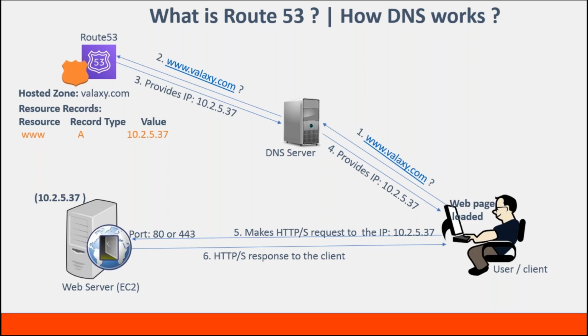Well, so there are some puzzles here. If AWS Route 53 is the service responsible for giving the resolution of the specific resource records of this hosted zone, then why do I need one more DNS server in between, correct? Obviously. Let's say this is a public domain that will be accessible by the entire world. Let's say lakhs of people are accessing this website around the globe.